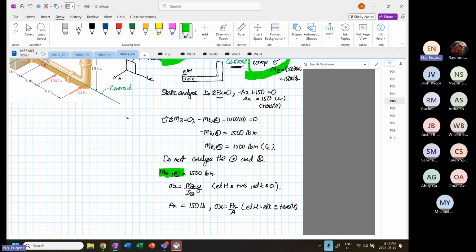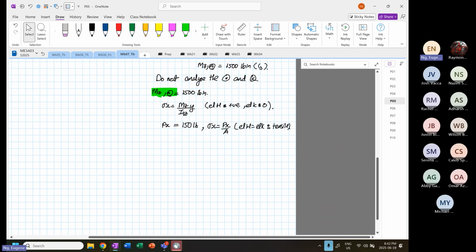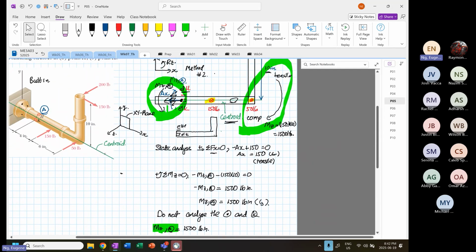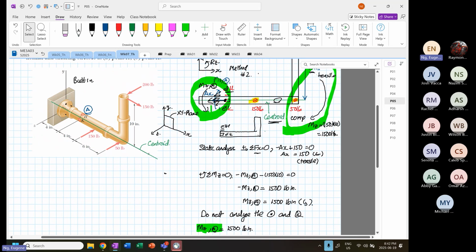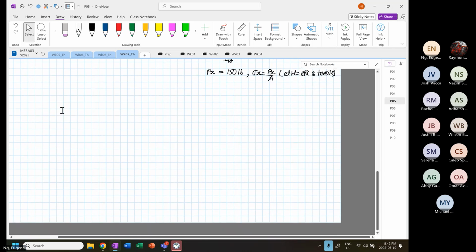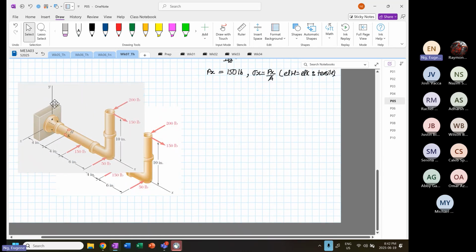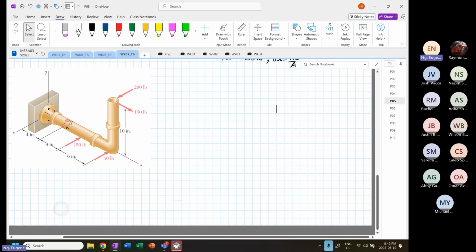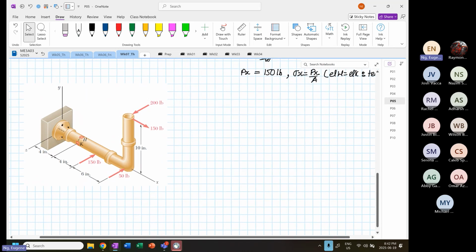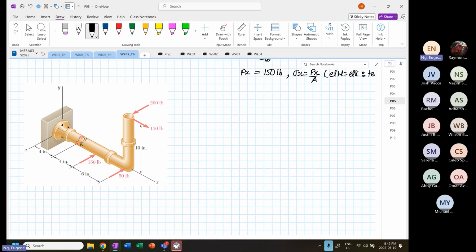Now, the next thing that we're going to do is look at the other plane. We are going to focus on the XZ plane. So now I'm going to take this image again and paste it down here, and draw the transformation again.